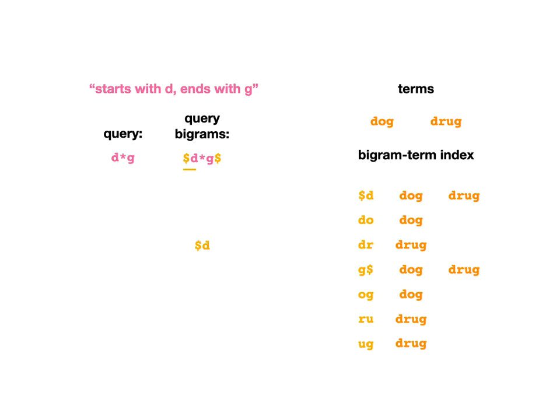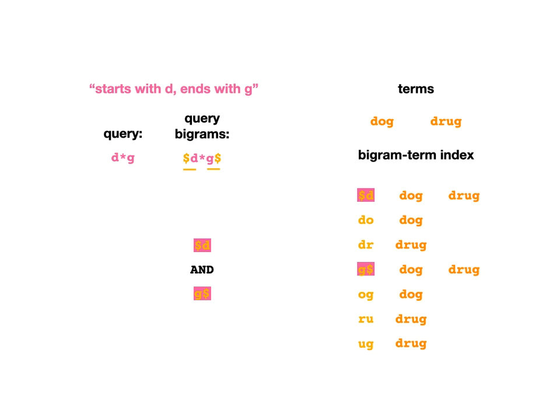So we get $D as the first bigram we will use to look up what the terms are. And it also has to end in G. So the stage is set. We have $D and G$. So anything that has the beginning letter D and the end letter G, which ones are those? $D will pull out the postings dog and drug, and we want anything that ends in G. G$ pulls out the postings dog and drug again.